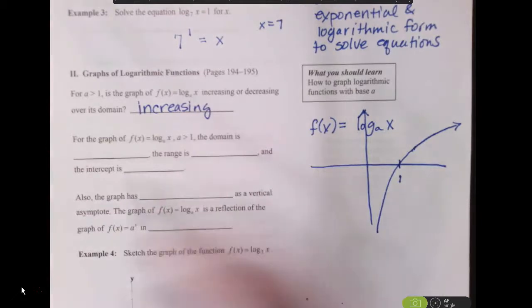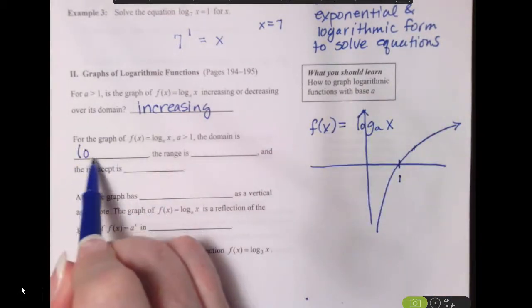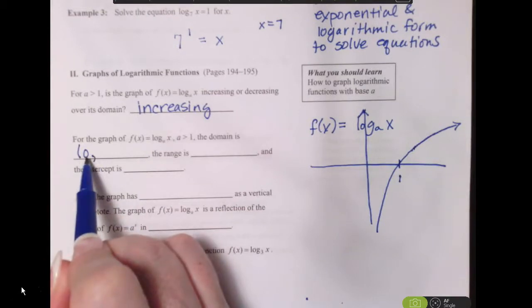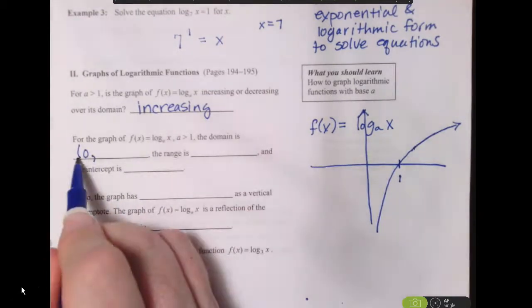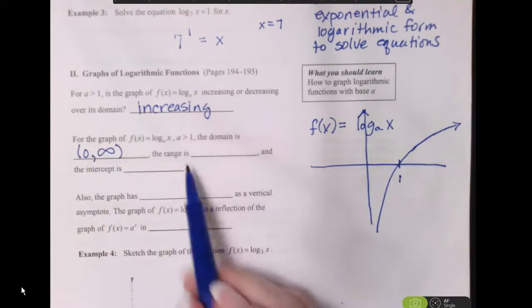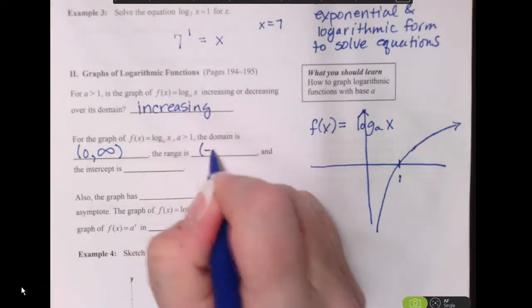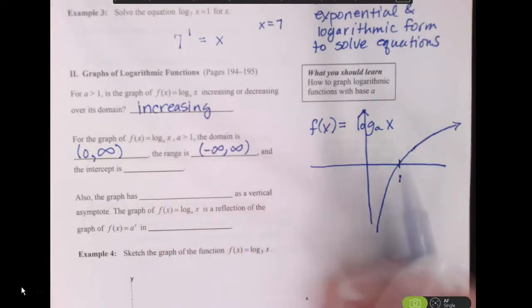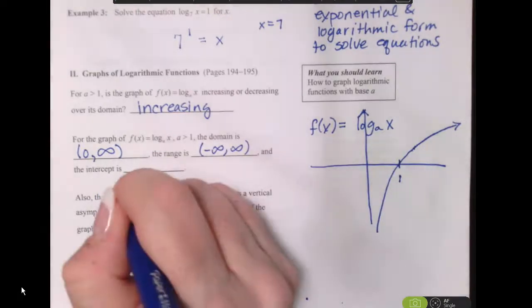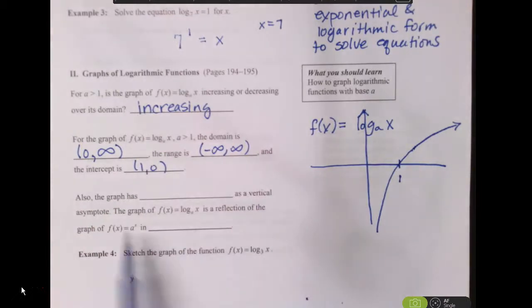And the domain, actually, we don't take logs of negative numbers, so we're going to start our domain at 0, and since it's an asymptote, I want to use a parenthesis there, but I can take the logarithm of very large numbers. The range actually goes from negative infinity to positive infinity, and the intercept is at (1, 0).